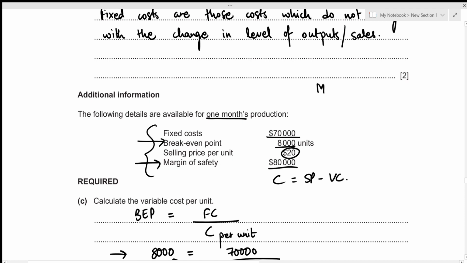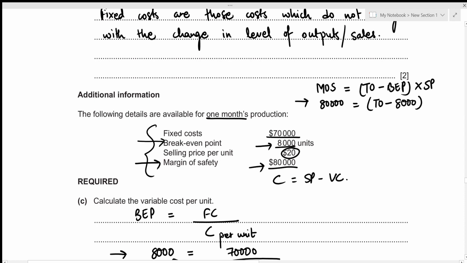So we can say that margin of safety in dollars would just be the total output minus break-even point times selling price per unit. And we are given that the margin of safety is 80,000. Let's substitute this. And we need to figure out the total output minus, we are given that the break-even point is 8,000. So that's 8,000. And we also know that our selling price per unit is 20.